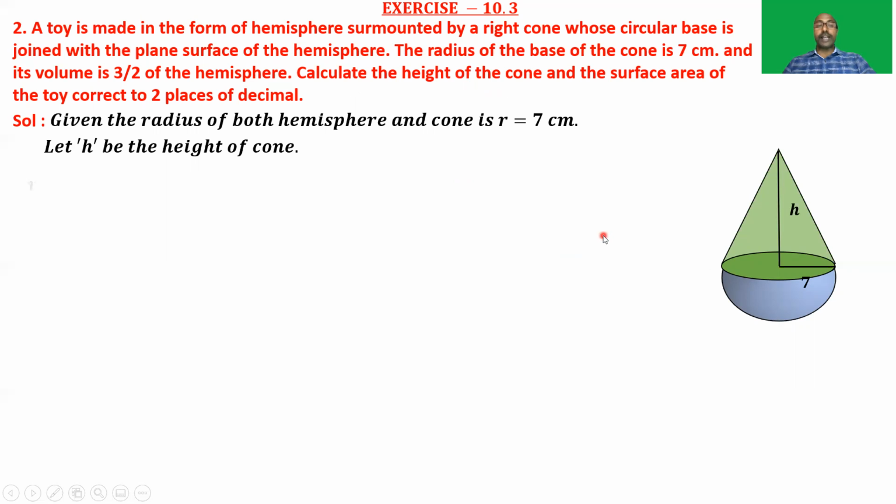Now it is given that the volume of the cone is 3 by 2 of the volume of the hemisphere.